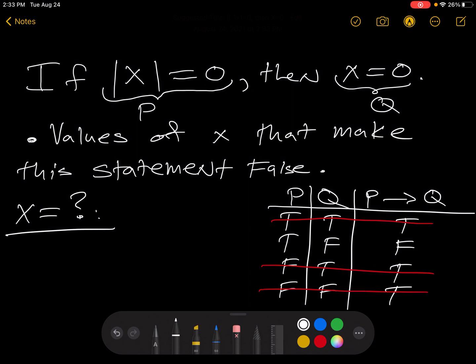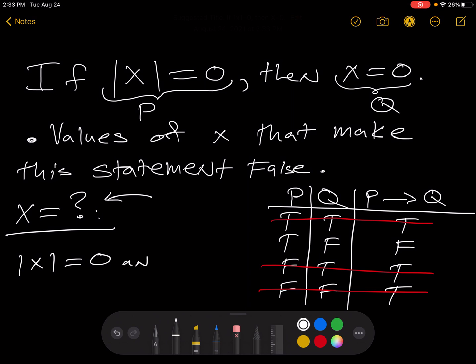Okay, so let's say that we could find something to go in there for the question mark. Let's say we could find some x value to make this conditional statement, P implies Q, false. Well, that would mean that P is true, right? That would mean that the absolute value of x, whatever it was, is equal to 0, and it would mean that Q is false.